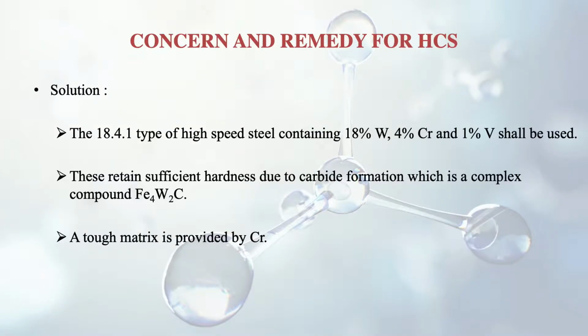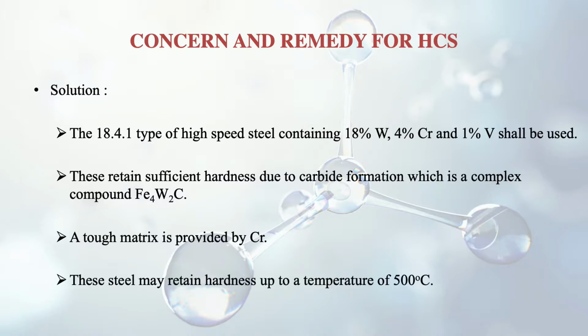With the help of the chromium present in this high carbon steel, we get a tough matrix, so toughness is also retained, and these steels may retain hardness up to a temperature of 500 degrees centigrade. Above that, the hardness goes down. So for that purpose we use this 18-4-1 type of steel.